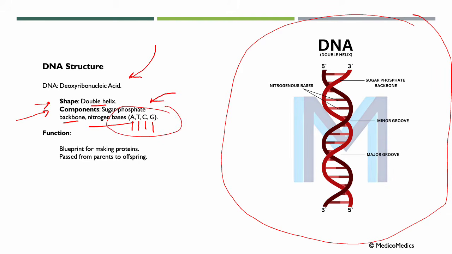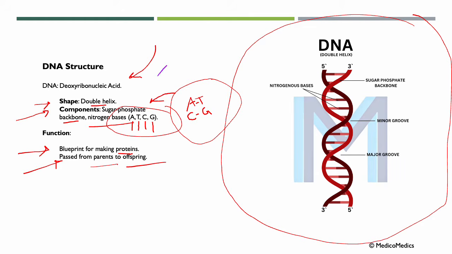And these are paired together. So A is paired with T, and C is paired with guanine. And this is what tells your body how to work: the arrangement order. So the function of DNA is it's a blueprint for making proteins. And it's passed from parents to offspring.